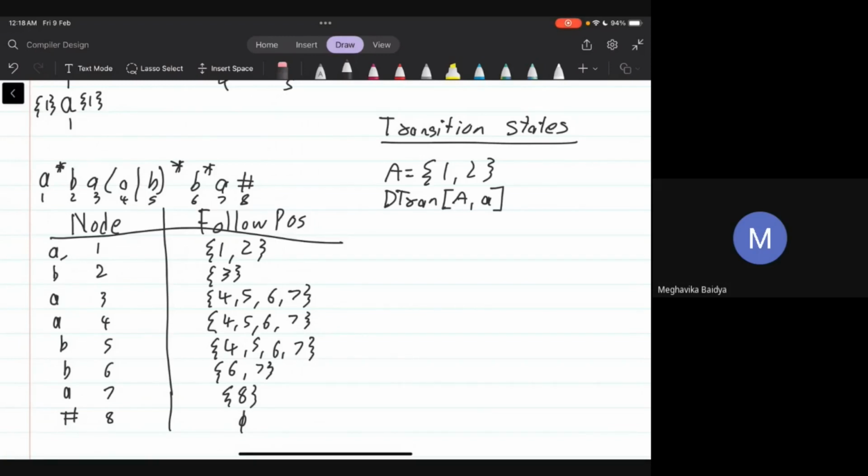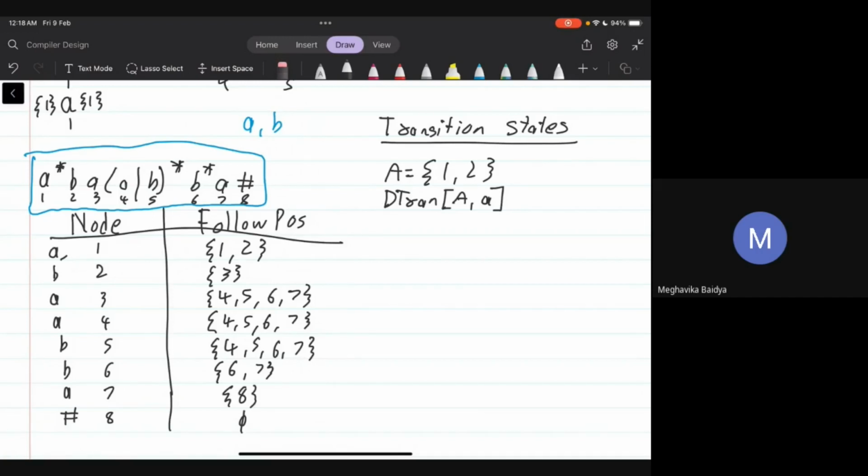The character A. Now, we have this regular expression, right? So what all characters do we have? We have A and B. Hash is not included, so it's only A and B. So A and B will be your input symbols for your DFA.